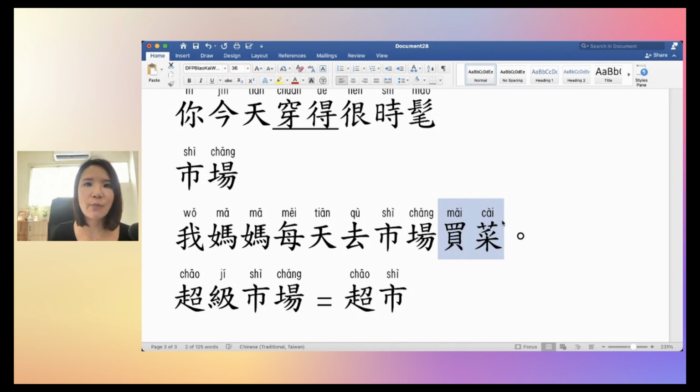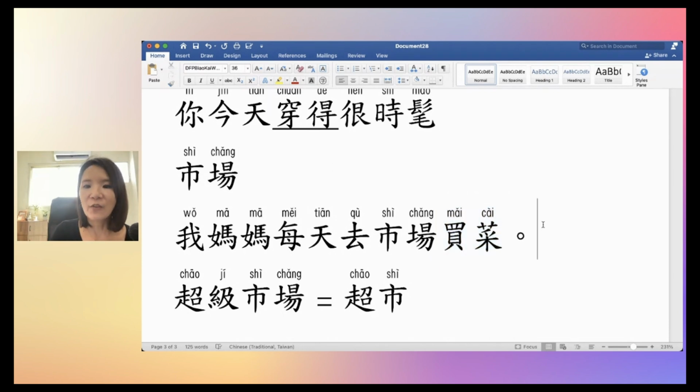It also means to buy food, to buy meat, to buy something you need to cook for a meal, the food in general. 买菜, to buy food in general. So, 我妈妈每天去市场买菜。Okay, so 市场 is market.